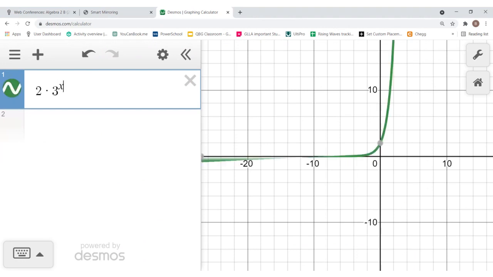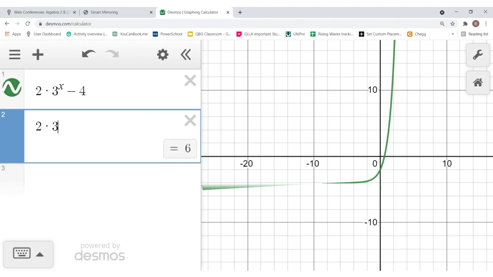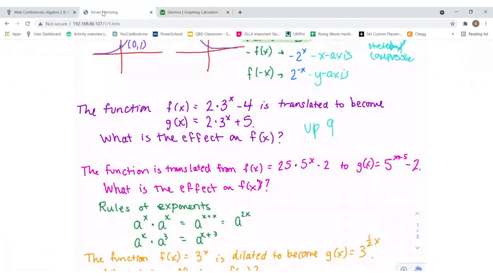And I want to compare that to 2 multiplied by 3 to the x, and then plus 5. So what was different between those? They look like they have the same exact curve. The only difference was it moved up 9, right? Because negative 4 and 5 is 9. So we would say it moved f of x up 9.